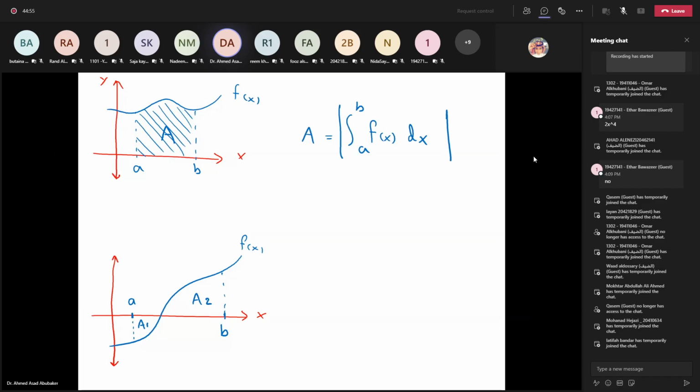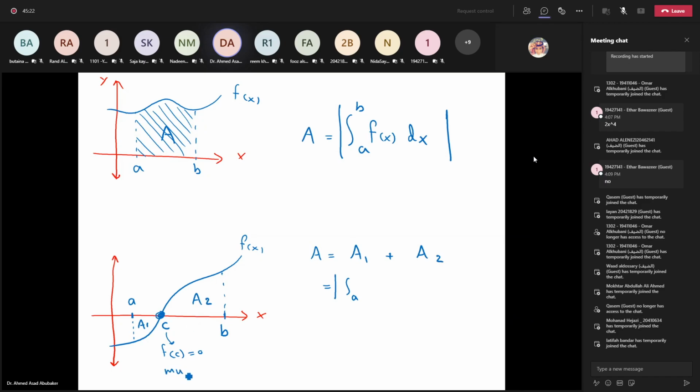To find the total area, this is equal to a1 plus a2. To find the area a1, this is the absolute value from a to this point C. F of C is 0. So C is a zero of f of x.